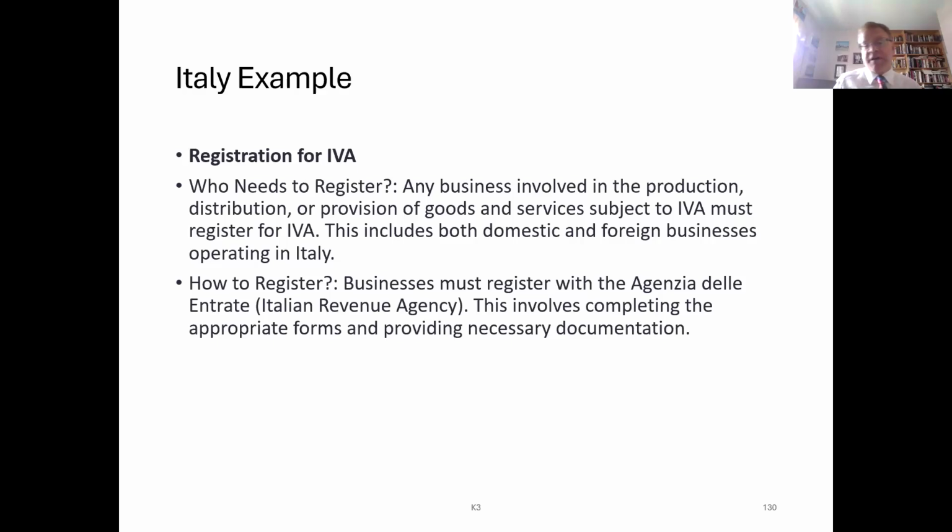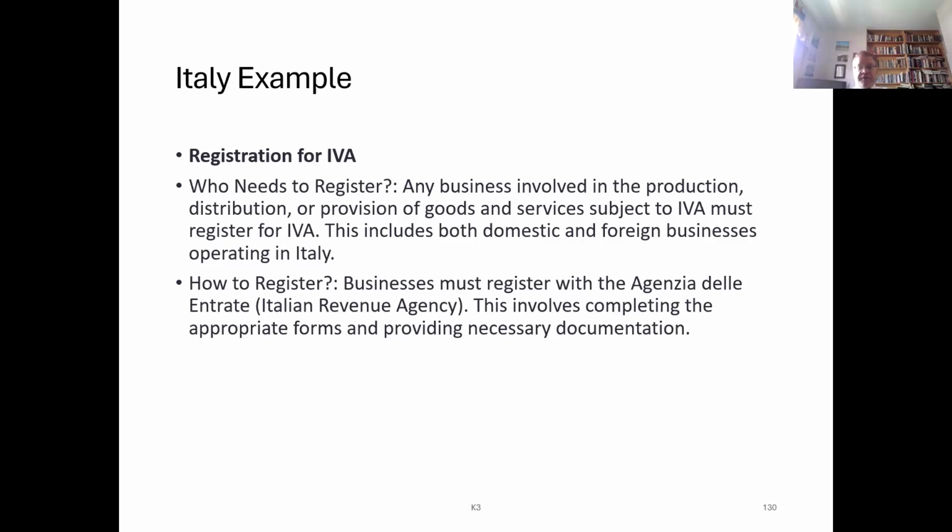Let's have a look at an example: Italy. What we're looking at here is who needs to register for IVA, which is the Italian VAT, what they call it there.